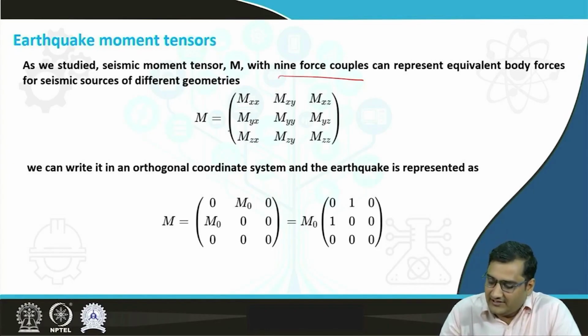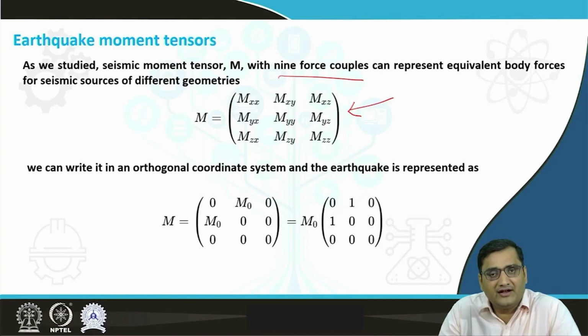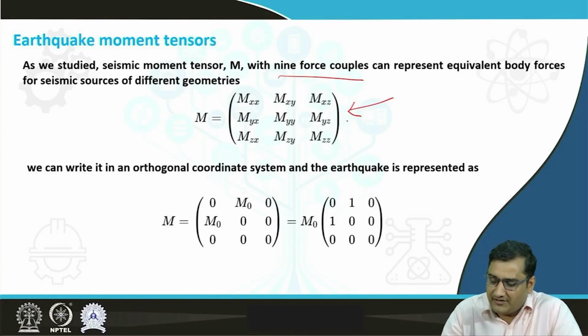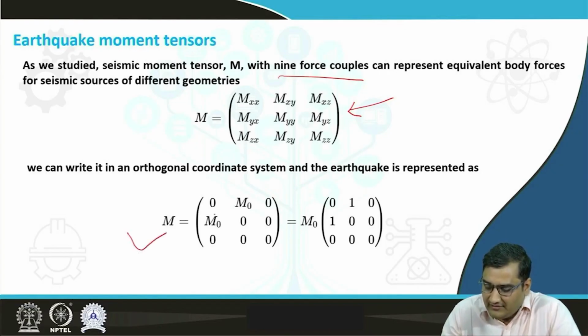So in the XYZ coordinate system, the moment tensor can be represented by this, and if you want to rotate it into another orthogonal coordinate system, so that you have its simplified version that can represent the earthquake as a source, then it can be written something like this, where you will have M0 for M21 and this is for M12. If you take M0 common, that is the scalar moment, then it will become something like this.